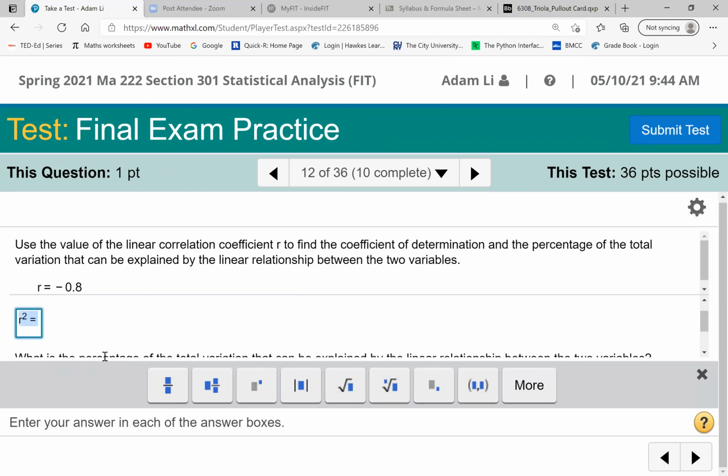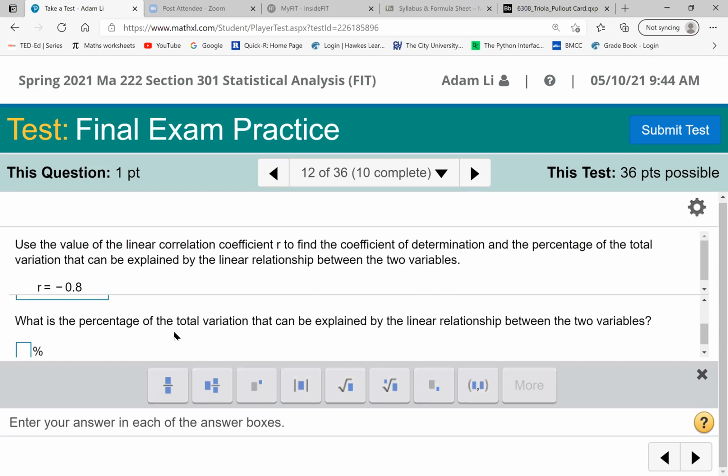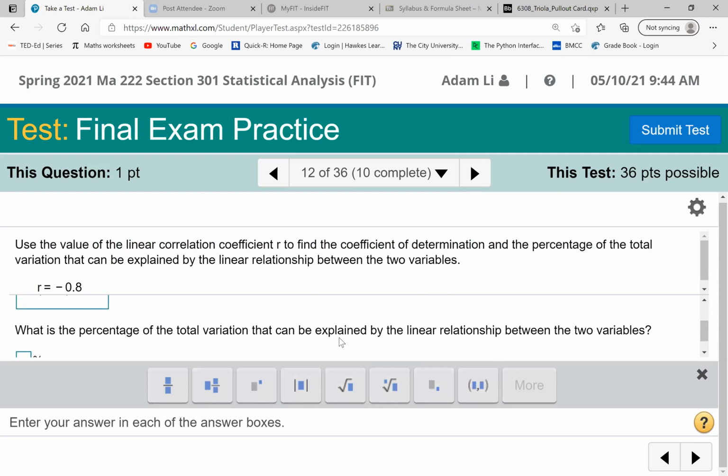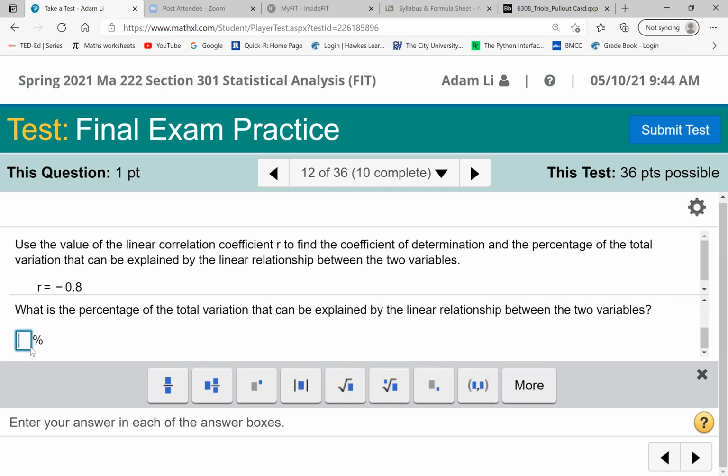So basically it's negative 0.8 squared. And it becomes 0.64. So the r squared is always positive, right? Because it's squared. Okay. So now we get that 0.64. So what percentage of the total variation could be explained by the linear relationship between the two variables? We turn this into a percentage, it would be 64%.